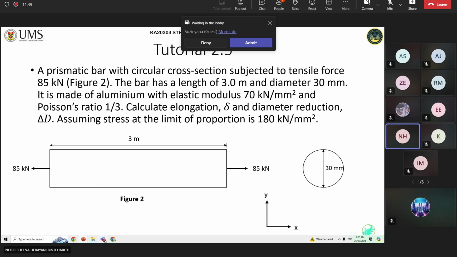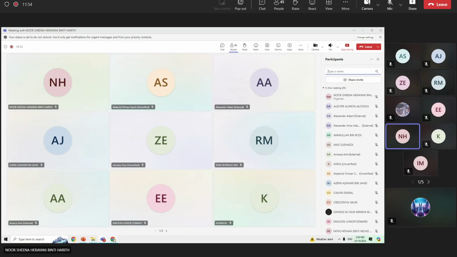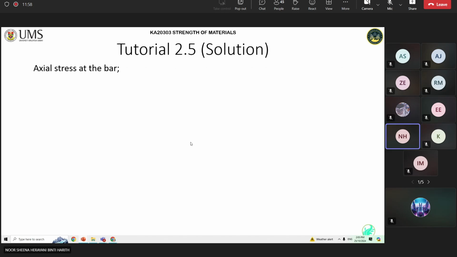Okay, here you already have everything. What you need to do is cut at the mid-section of this prismatic bar. We have this inside force Fx in the x direction, while the outside force is 85 kilonewton.